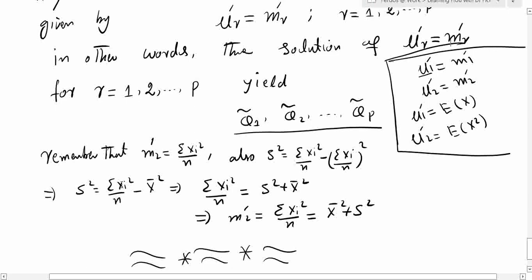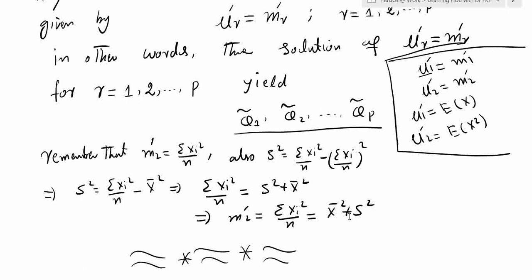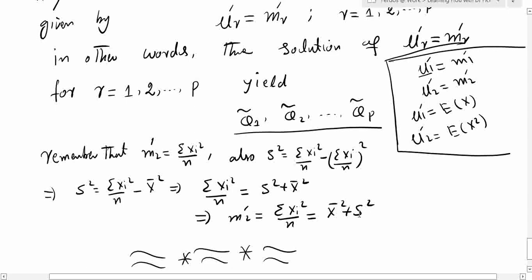Shifting x bar square to the other side, summation x_i square divided by n is equal to s square plus x bar square. This implies that m2 prime is equal to x bar square plus s square. So you need to know that m1 prime is equal to x bar and m2 prime is equal to x bar square plus s square.